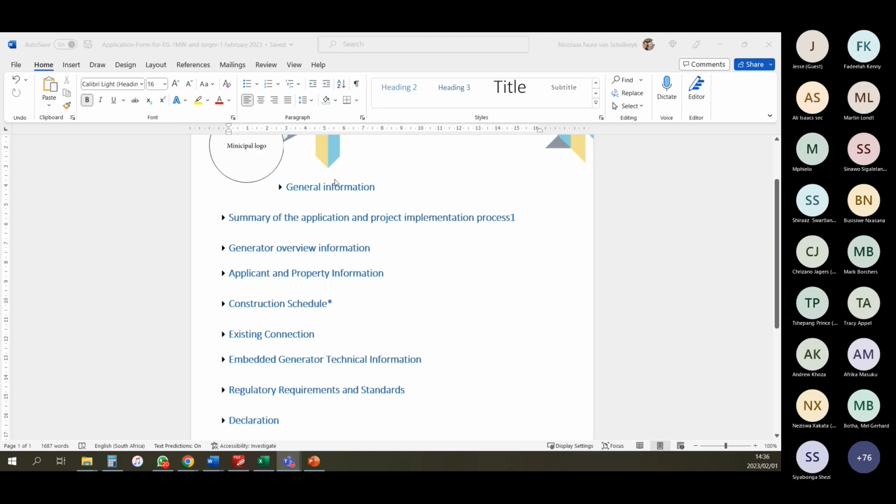Right, so I'm just going to go through the titles again so that we can see the body of the document, and then I'll open each of these sections and we'll go through the meat. My intention is just to highlight the key areas which would be new compared to processing SCCG applications. I mean, you understand what it entails to put in account details and the embedded generator details and so on.